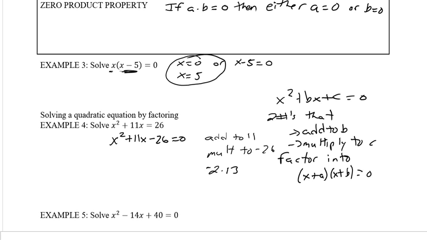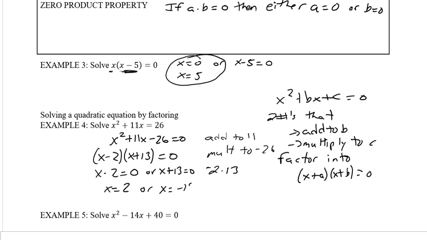So now we factor using those two numbers, and we get x minus 2 and x plus 13 equals 0. And now the zero product property, x minus 2 equals 0, or x plus 13 equals 0. So x equals 2 or x equals negative 13. Those are our solutions.